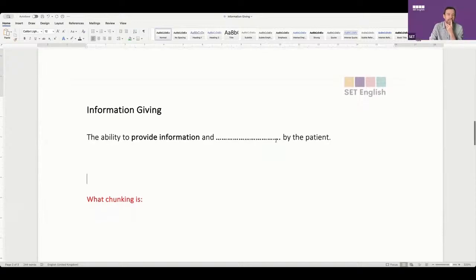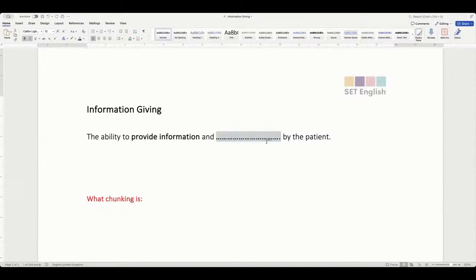Priyangi, let's try Priyangi. Are you there? Maybe check understanding. Getting information by the patient. The ability to provide information and getting by the patient.